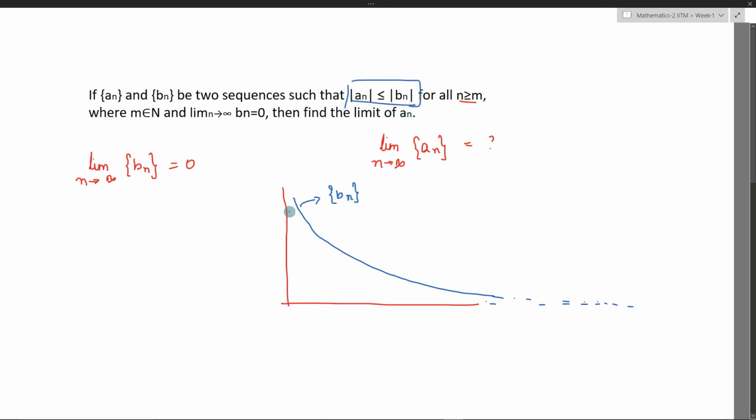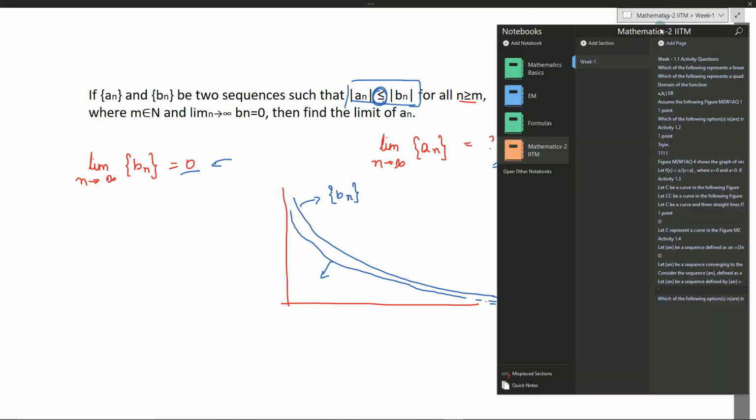It means that an will be always below bn. So by intuition we can say that an also converges to the x-axis. That is, the limit of an will also be equal to 0, right? Since it is always less than or equal to bn, if bn tends to 0, an also tends to 0, because we have the less than or equal to condition, right?